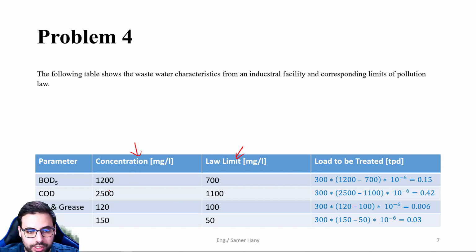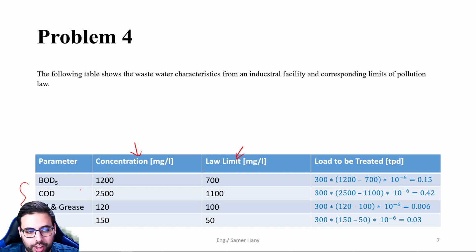So as we can see here, these 4 parameters are above the limit. We need to treat this wastewater stream so that we get those 4 parameters below the limits here. We don't need to treat everything.